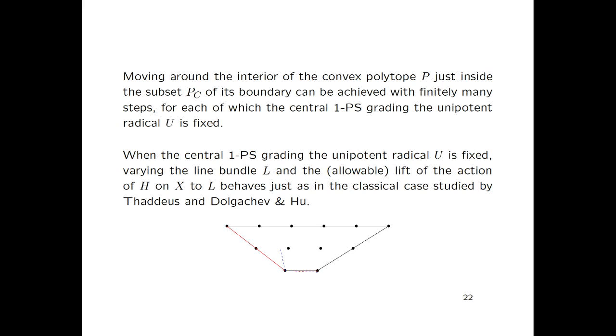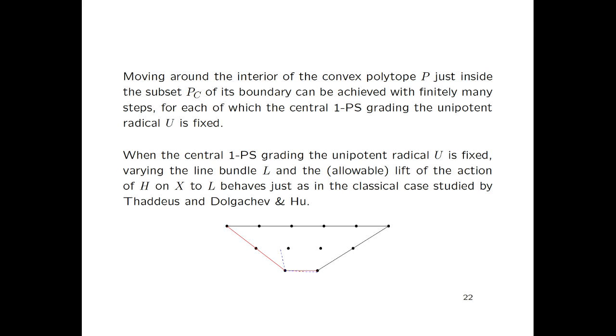It's not too difficult to see that you can achieve that with finitely many steps, for each of which you can choose the central one-parameter subgroup which grades the unipotent radical to be fixed. If you want to be close to a codimension 1 face, then basically you've got no choice about what the one-parameter subgroup is.